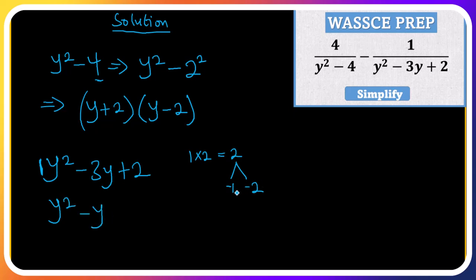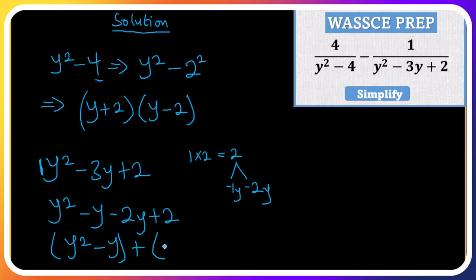minus y, which is negative 1y, minus 2y plus 2. Simplifying this: y squared minus y plus, in brackets, minus 2y plus 2. So we are to factor out the common expression, and the common factor here is y.